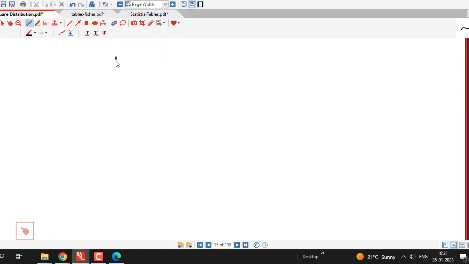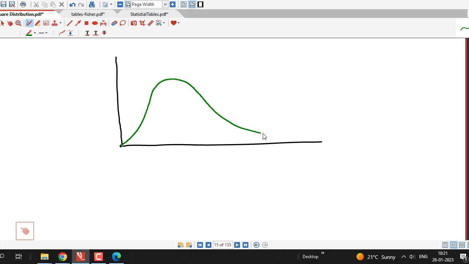Because the F table is not giving us values such that the area to the left of the critical point is alpha. The F table is only for those values of alpha such that the area to the right of F alpha is alpha.